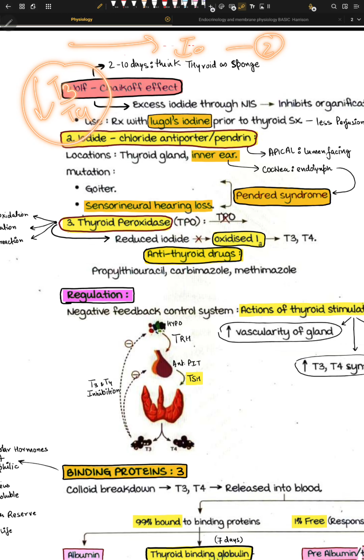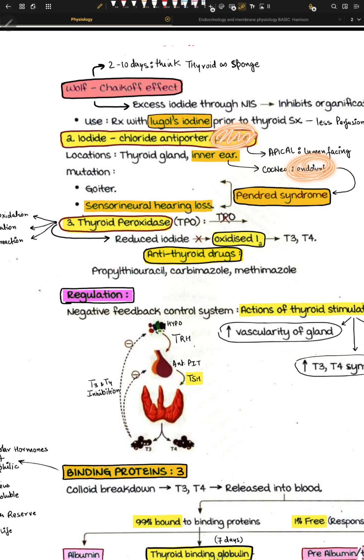Second, you will have hearing loss, because the production of endolymph involves pendrin, and once pendrins are not working, the production of endolymph will come to a halt, and then you will have less conduction of sound in the ear. That's what is going to happen.